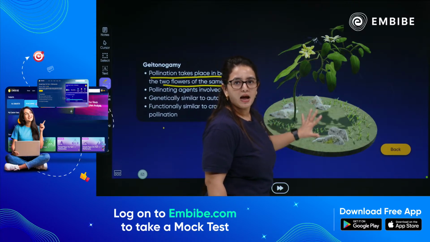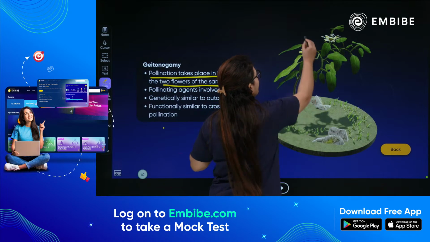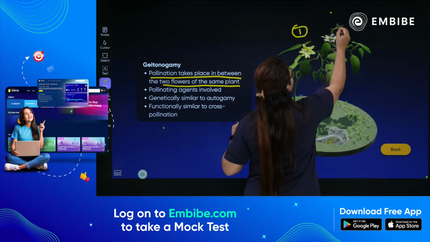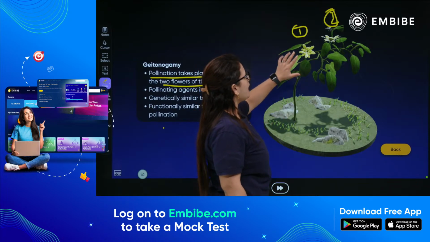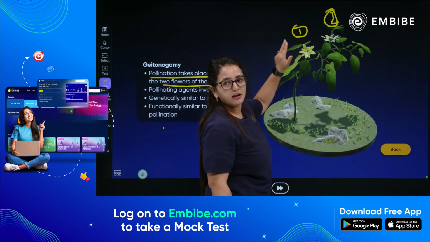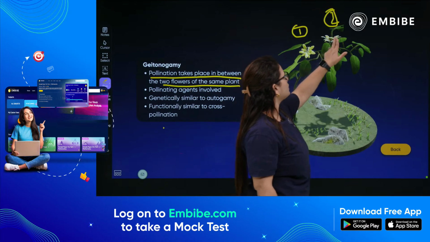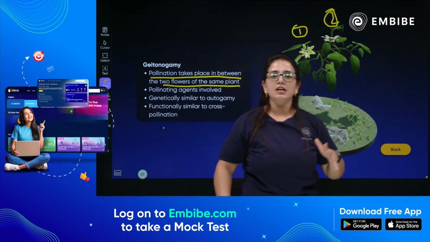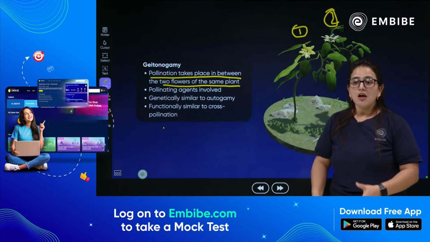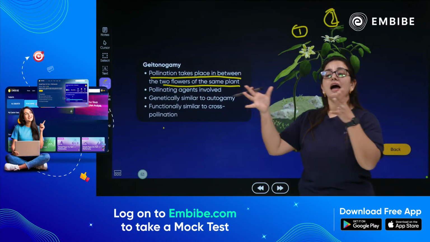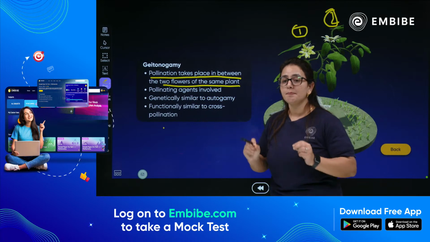The same plant has one flower and a second flower. When the anther is in one flower, the stigma is on the other flower, and the transfer of pollen grain is from one flower to another flower of the same plant.